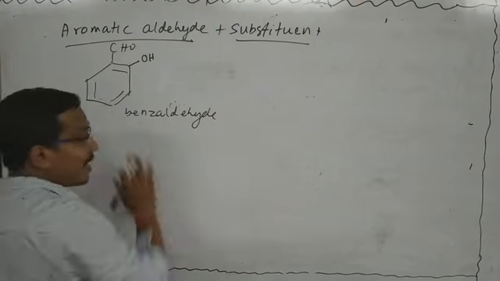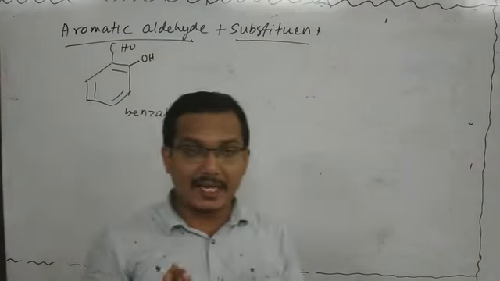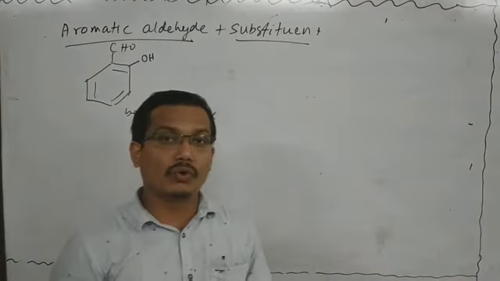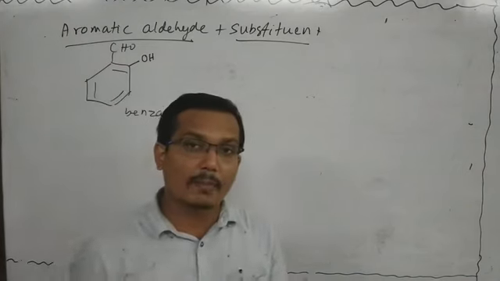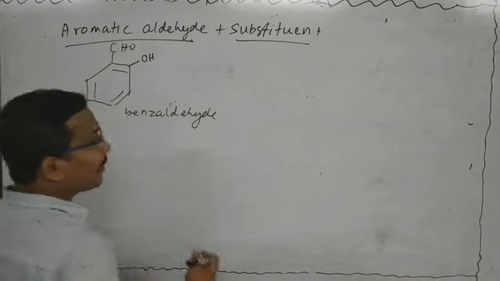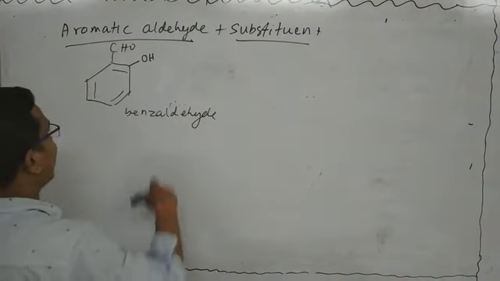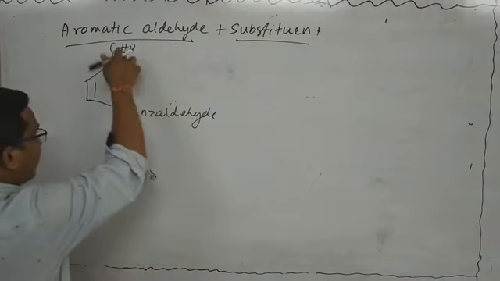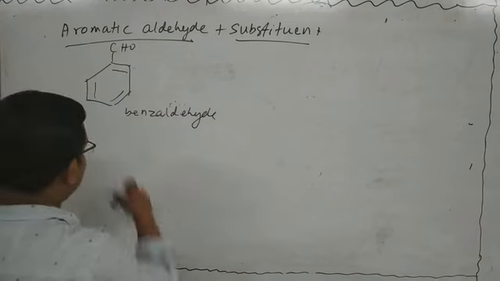Suppose OH is present. Then what will be the name of this compound? For naming such compounds, it is highly necessary to know about the ortho, para, meta positions. Let me identify which is ortho, which is para, which is meta. This is benzaldehyde.